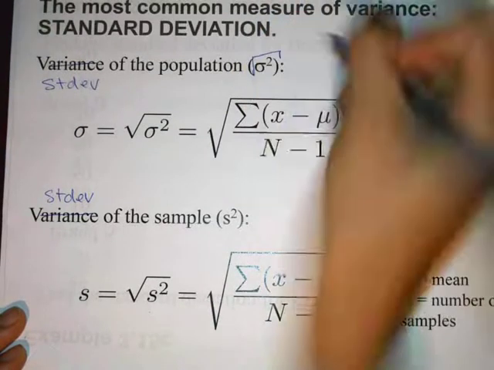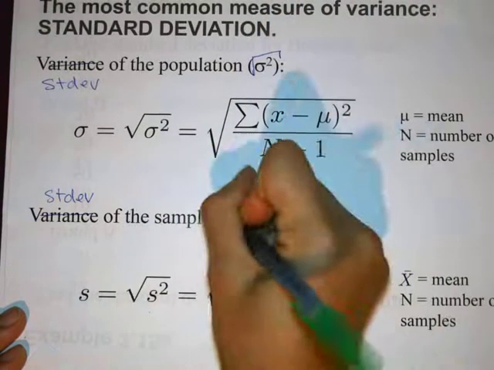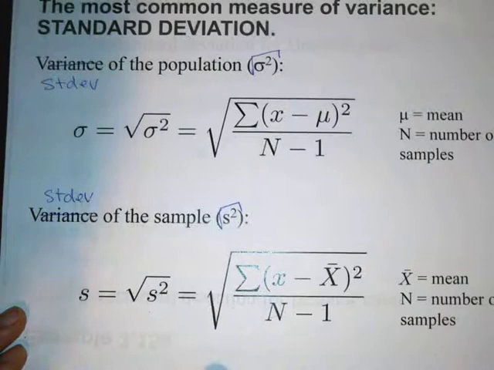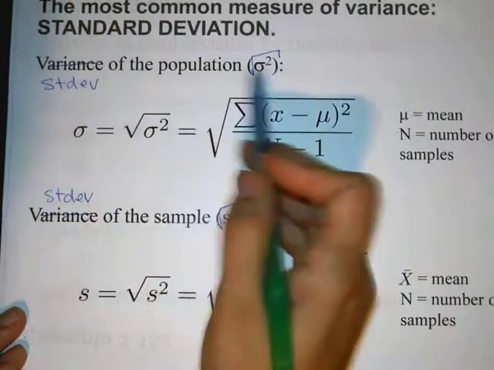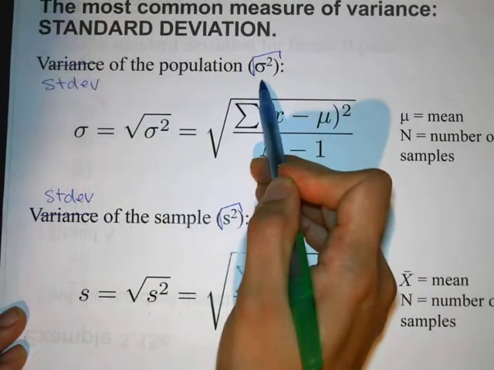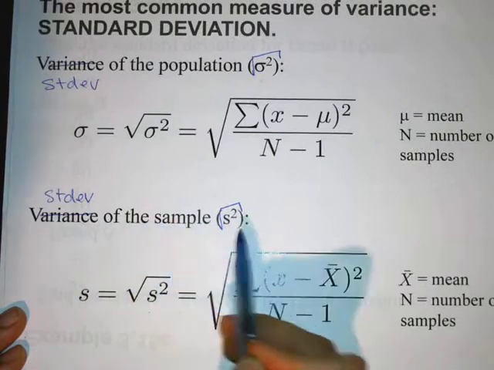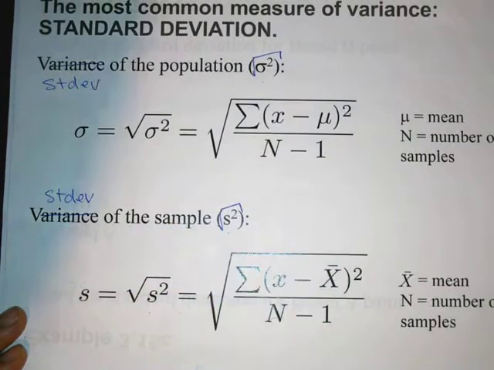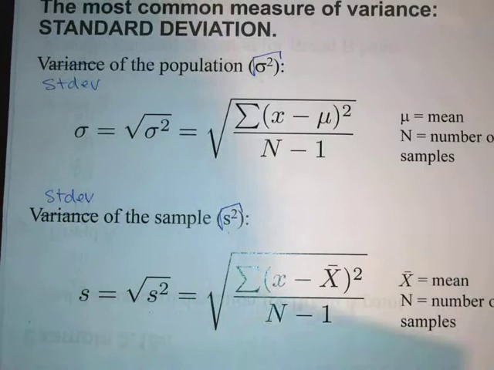The standard deviation of the sample is the square root of the variance. Make sure that my notes actually say what I need them to say. The standard deviation of this population is the square root of the variance. The standard deviation of the sample is the square root of the variance.